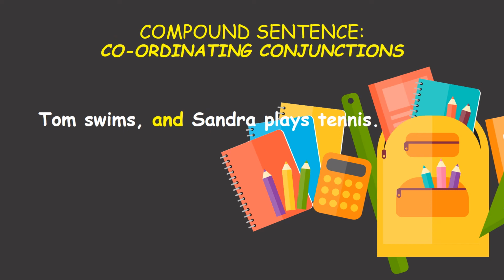Okay children, look at this example. Tom swims, and Sandra plays tennis. So can you identify what the coordinating conjunction is here? Yes, very good. It's and. And is a coordinating conjunction.